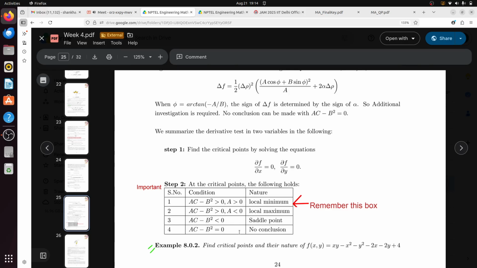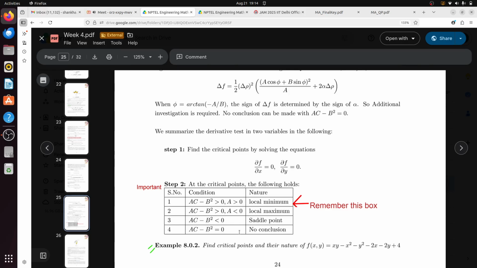In our standard notation, a is del 2f del x square, c is del 2f del y square, and b is del 2f del x del y. Or rather you can use the notation r, s and t, because you get confused with the del f del x and del f del y notation.